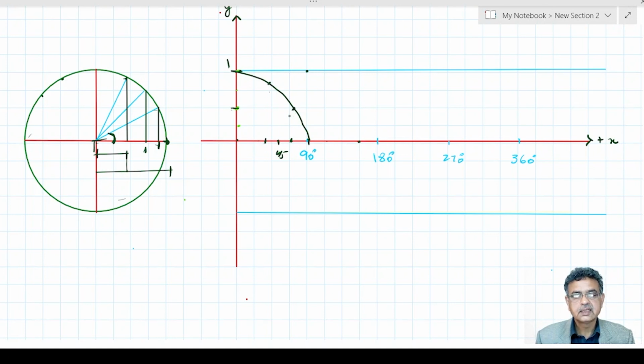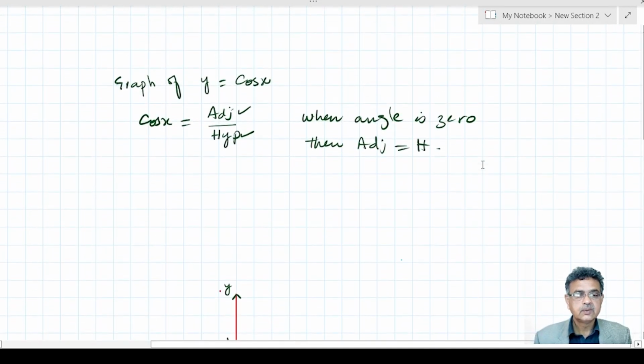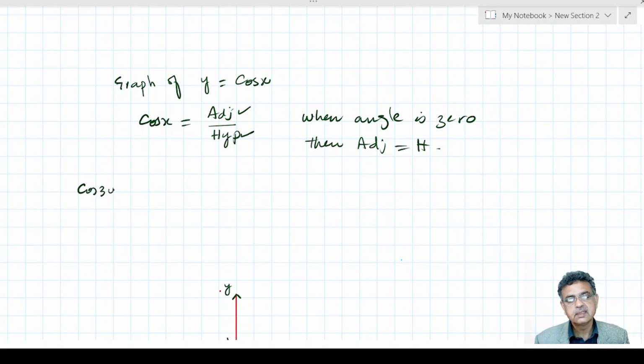This is the point at 60 degrees, half, and this is the point at 45. We have already discussed the special angles. In that context, cos 30 degrees, its value is root 3 over 2, which in decimals is approximately 0.866.